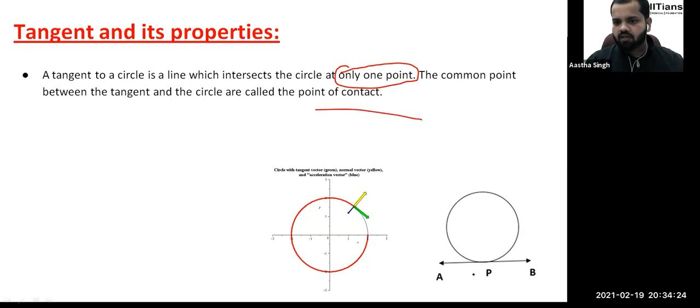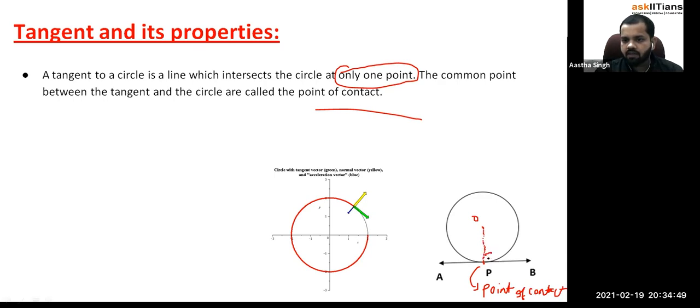Like this point P, the common point between a circle and a line is known as the point of contact. I think the concept is clear. And also from your center to the point of contact, this is perpendicular.